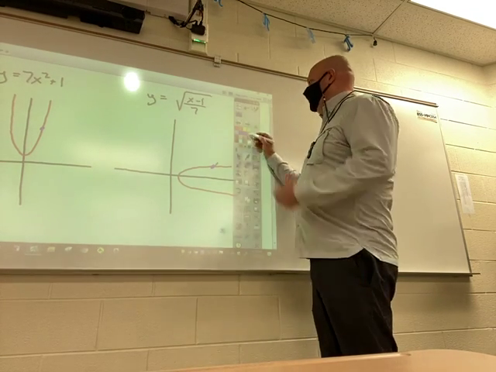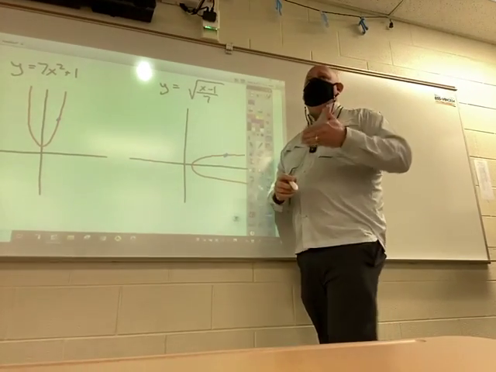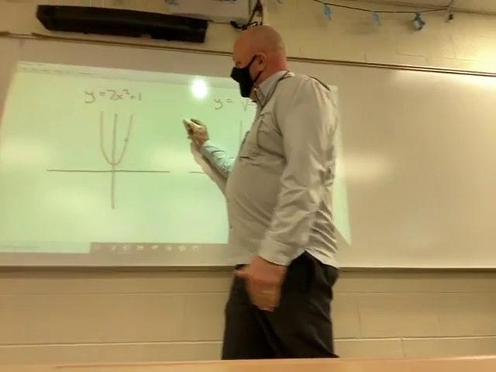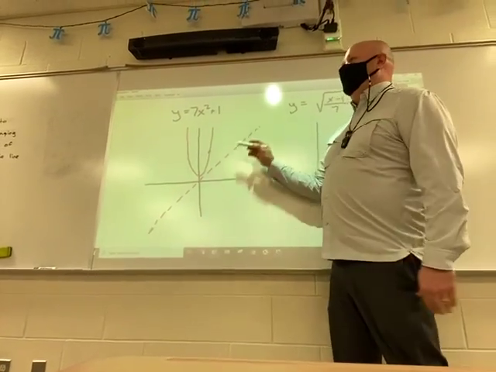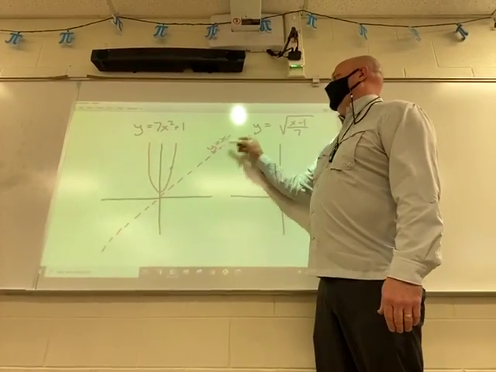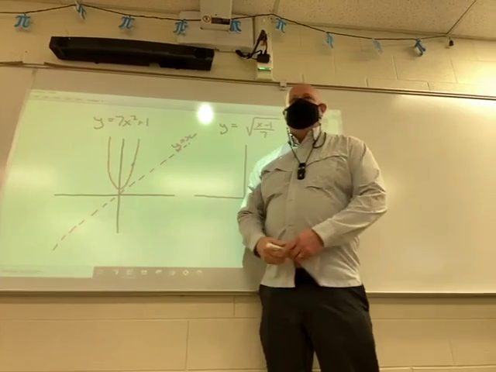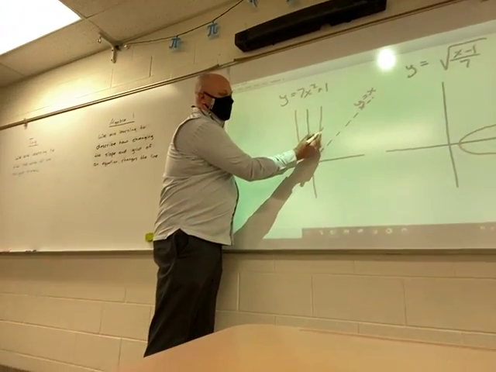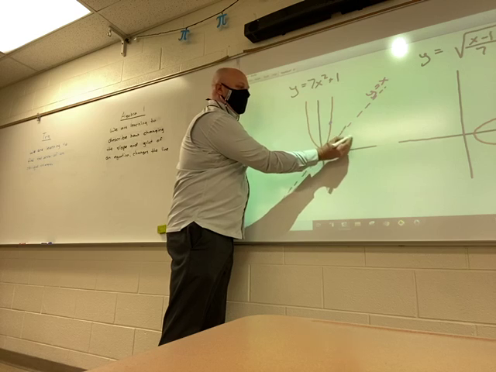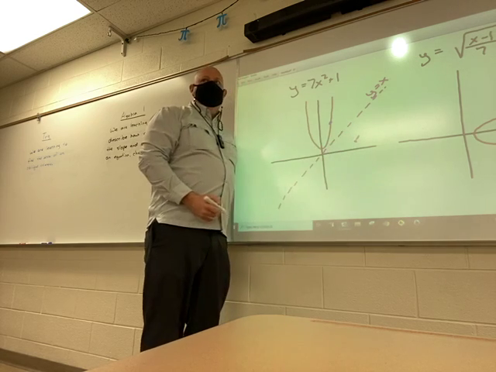So what actually is happening, and this is true for all inverse functions, is it's a reflection. It's a reflection across the y equals x line. Basically, what ends up happening, this point here gets reflected across the line and ends up down there.